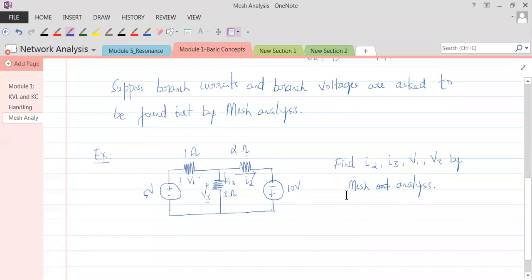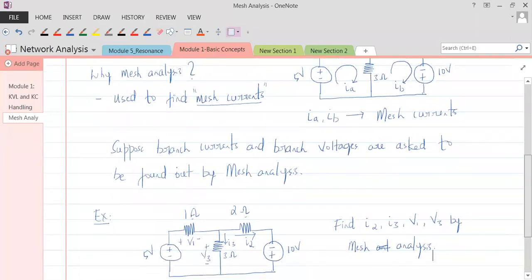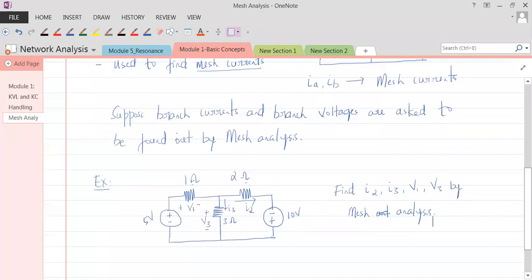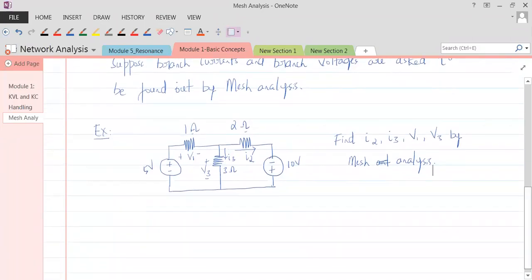I1 and this I2 and I3 are not mesh currents, mind you. How do the mesh currents look? The mesh currents look like this. They have not asked us to find out mesh currents, okay, but they have asked us to find out the branch currents and branch voltages. But by mesh analysis, soon after they say by mesh analysis, the very first thing that we do is marking the mesh currents. Everybody is okay with that?